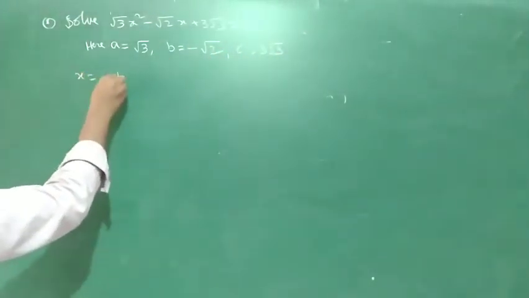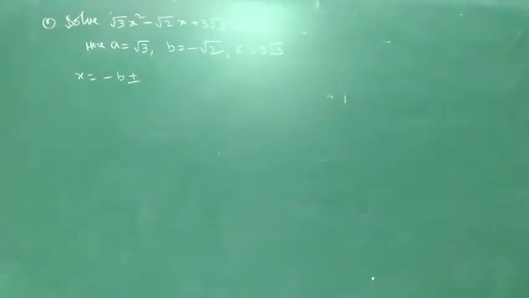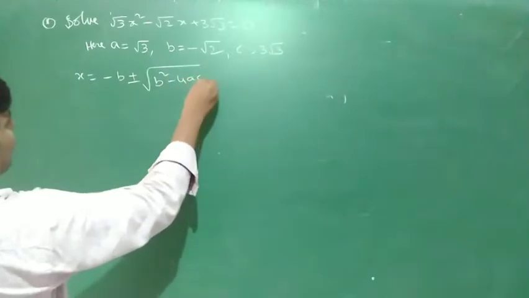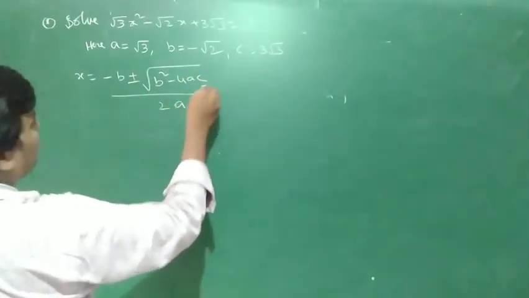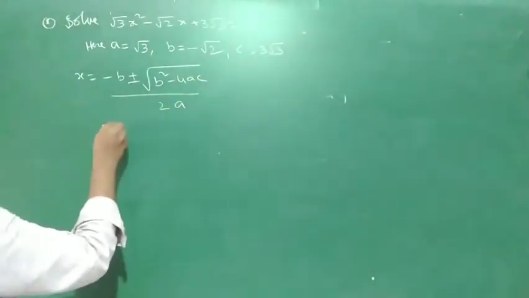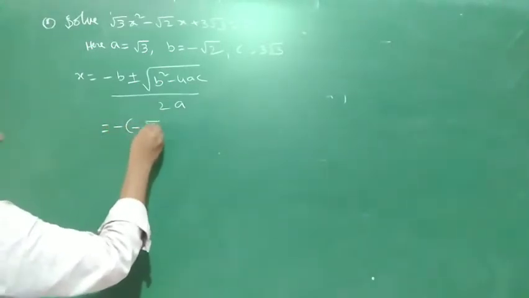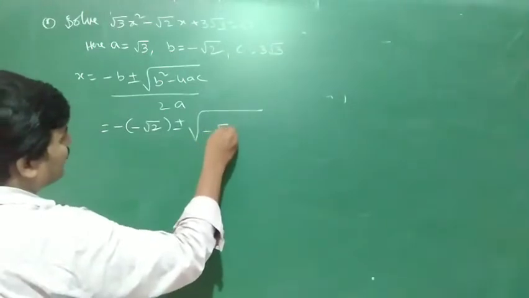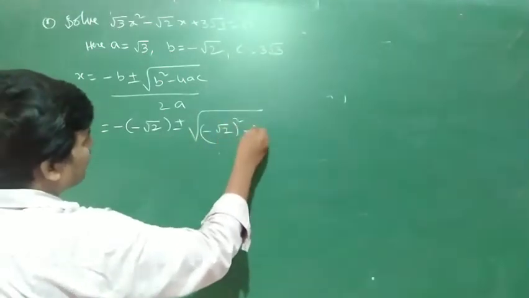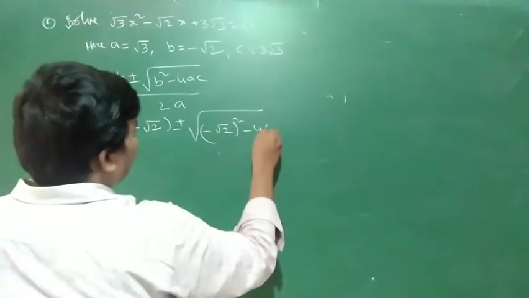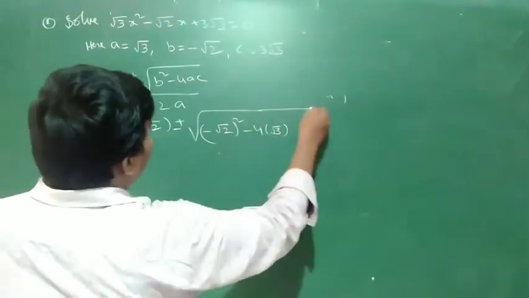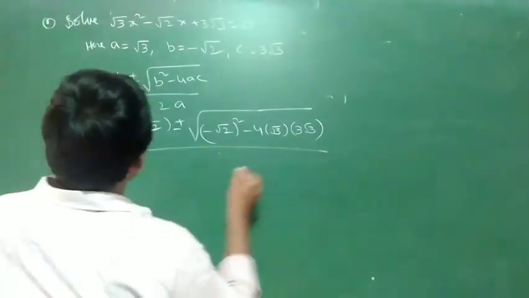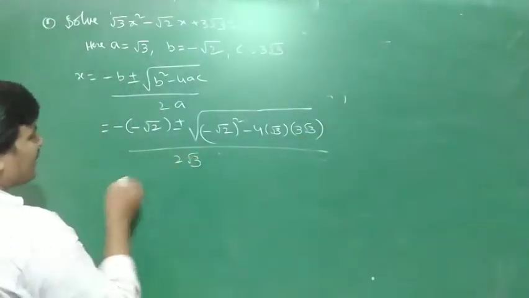Formula: you have to write minus b plus or minus root of b square minus 4ac by 2a. That is equal to minus of minus root 2 plus or minus root of minus root 2 whole square minus 4 into a, root 3, into c, 3 root 3, by 2a, 2 root 3.